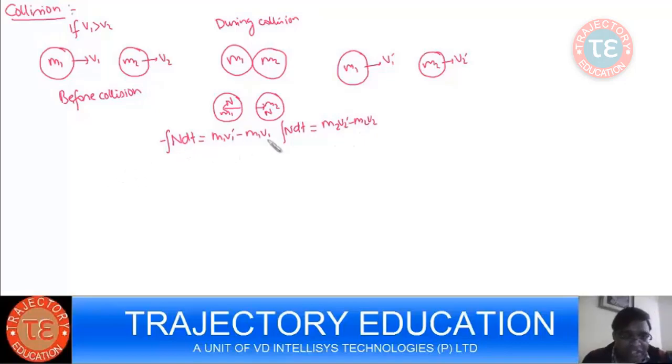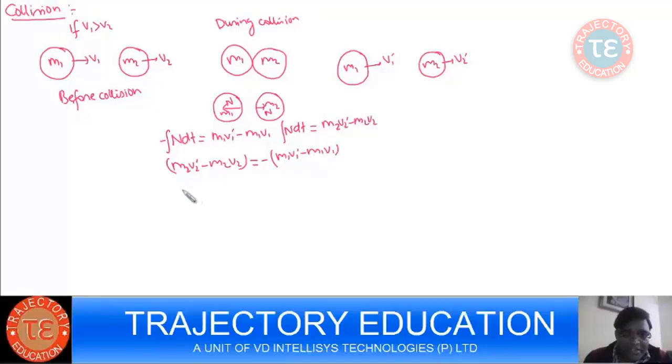So if you see this case, what happens? This is the negative of this. I can write m2 v2 dash minus m2 v2 is minus of m1 v1 dash minus m1 v1.